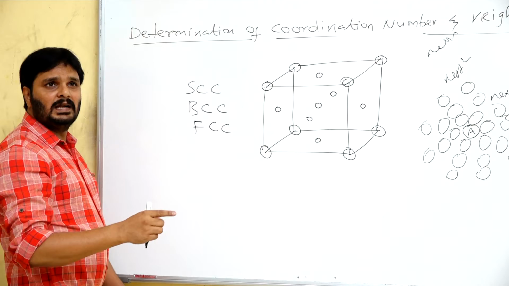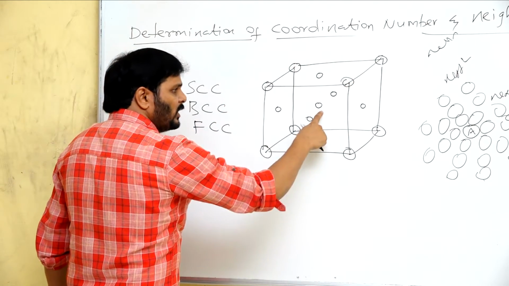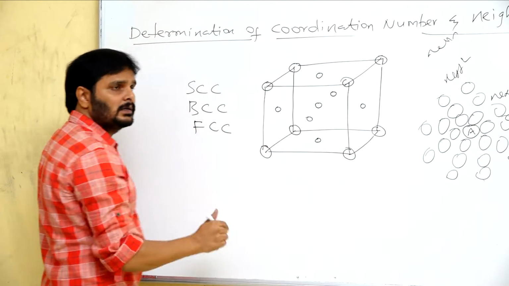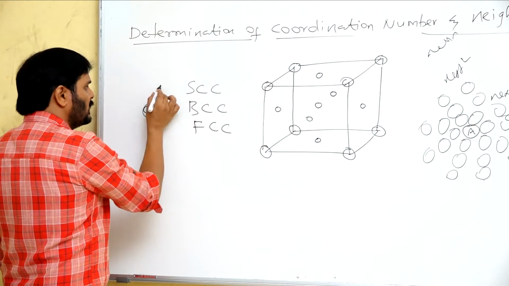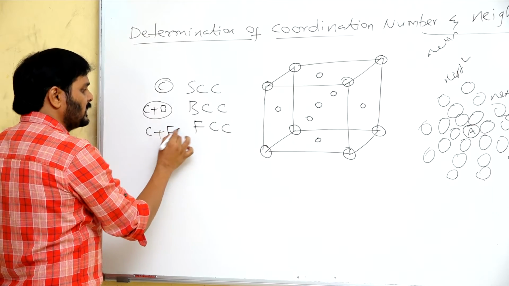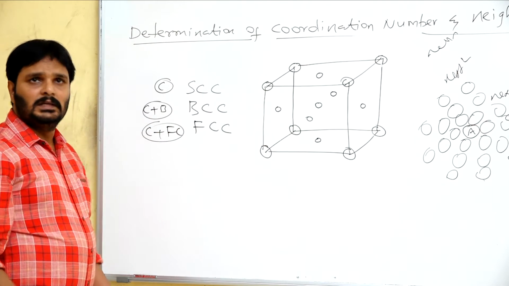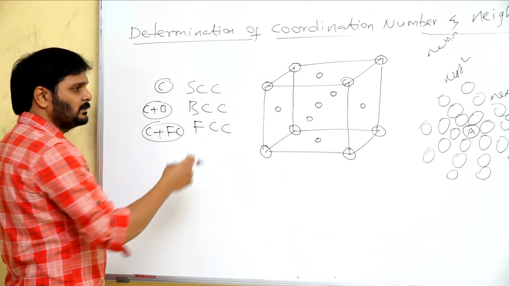A body centered cubic lattice has atoms at the corners plus the body center. And the face centered cubic has corners plus face centers. Together these give rise to the structure of the corresponding crystal lattices.